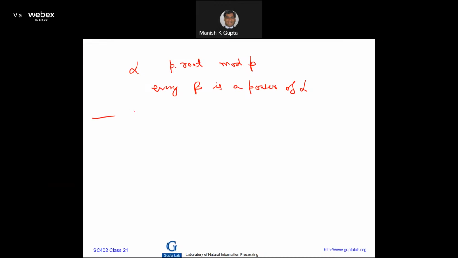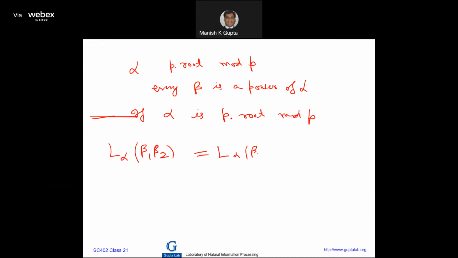Okay, so then you can verify that if alpha is a primitive root mod p, then the discrete log of a product of two numbers is the same thing as the sum of the discrete logs, mod p minus 1, obviously. The assumption is alpha is a primitive element, so the order of alpha is p minus 1.